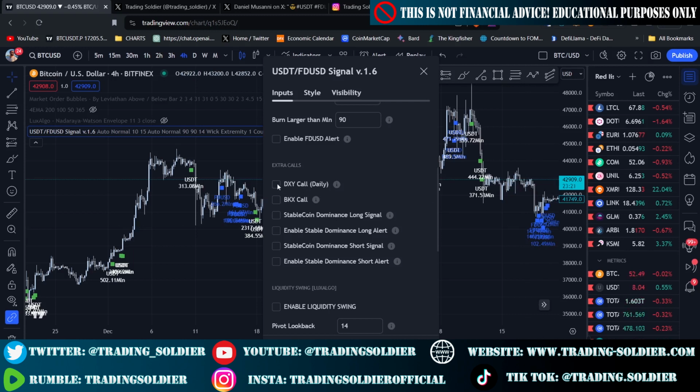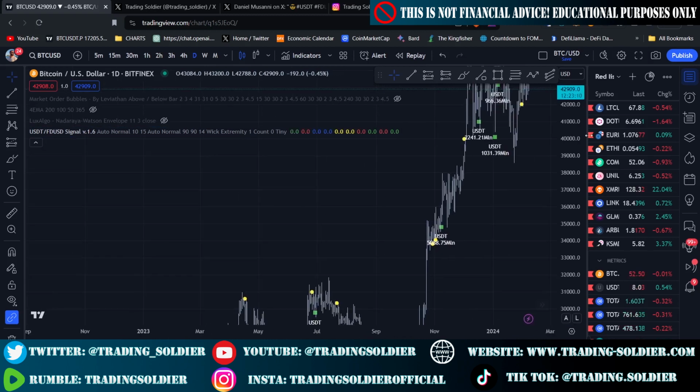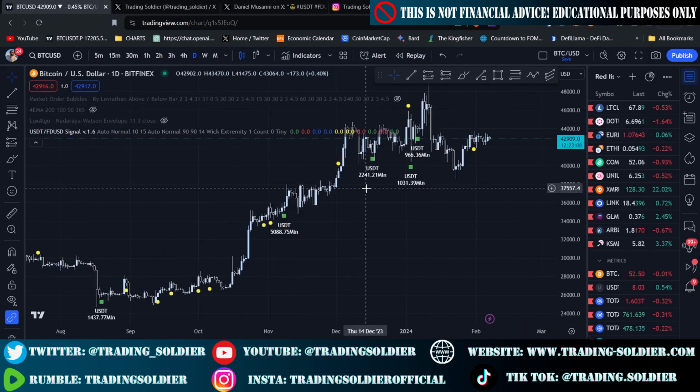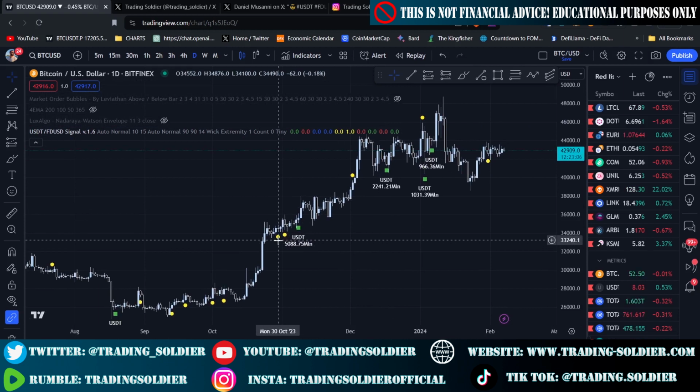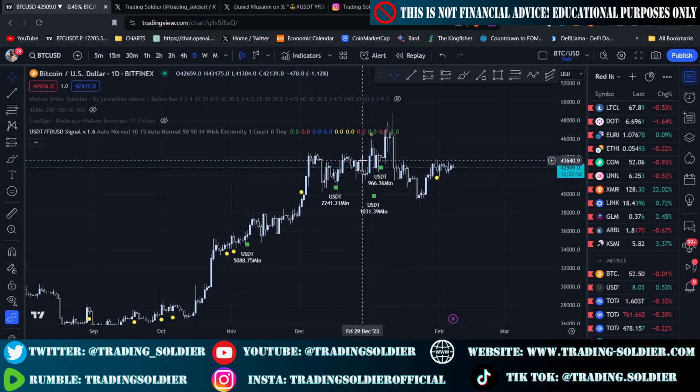The next feature that this indicator gives us is the DXY call in the daily time frame. If we activate this feature and switch to the daily time frame, we can see that, based on the DXY trend changes, it gives us a long and short signal to open our position. As you can see here, these yellow dots are the DXY signal that we have just activated, and oftentimes it coincides with trend reversals.